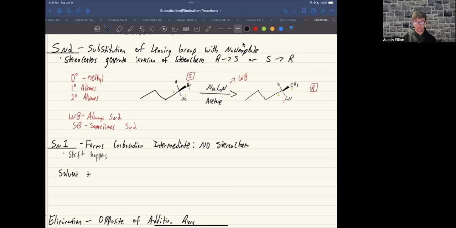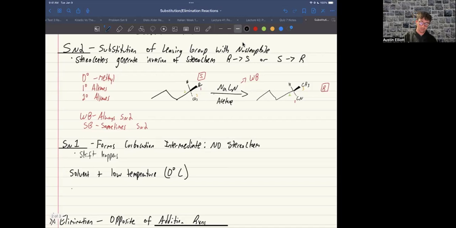SN1 likes to happen at low temps, for example 0 degrees Celsius, pretty low. This reaction is kind of slow, it just slowly happens, but this is what it prefers. Like I was saying earlier, just remember it forms that racemic mixture of enantiomers.